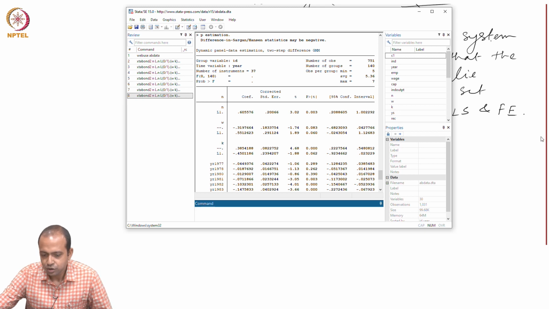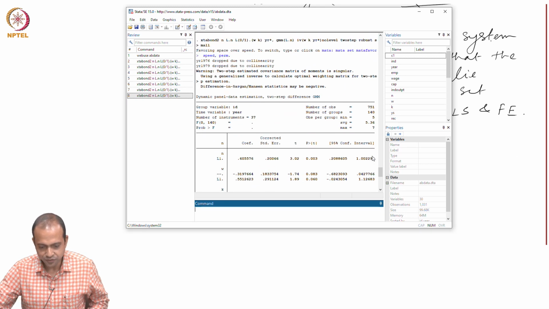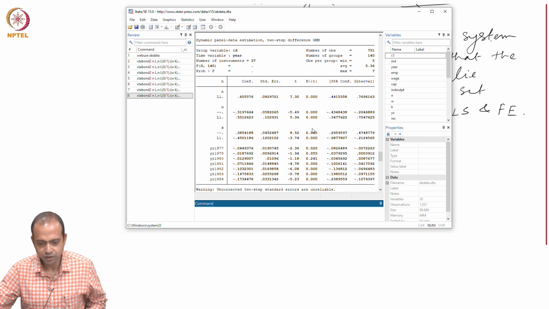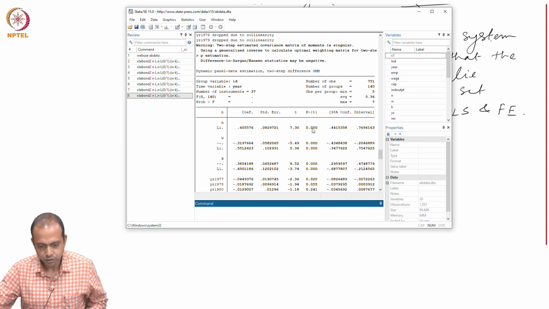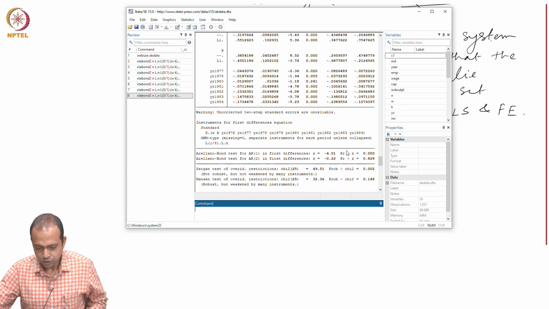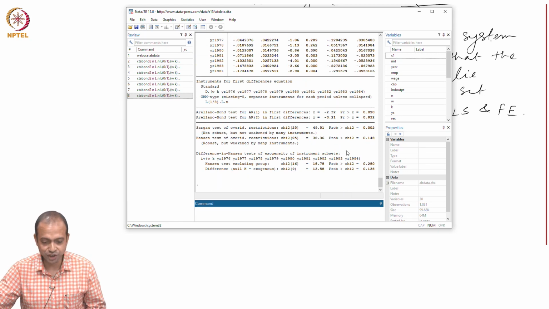So, this is one step difference GMM, this is two step difference, earlier one was one step difference. So, none of these difference GMM models could ensure that my value lies within the interval.